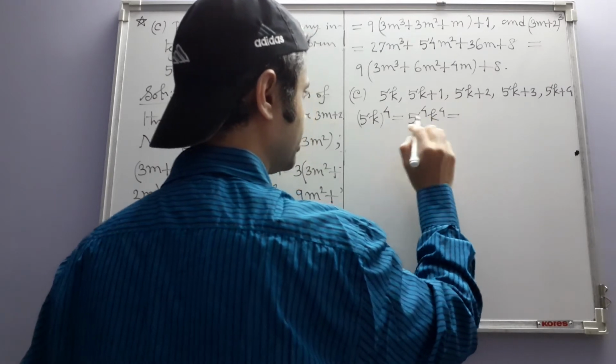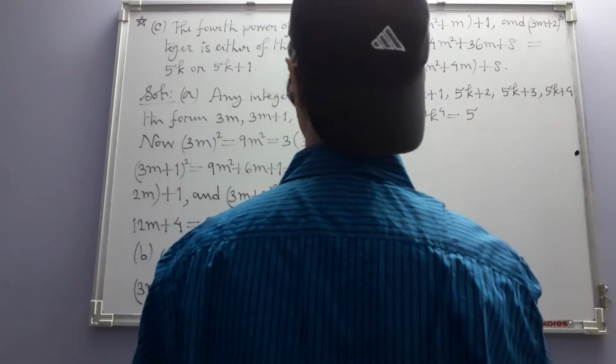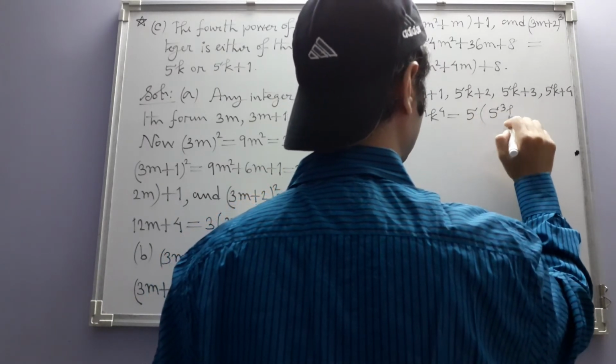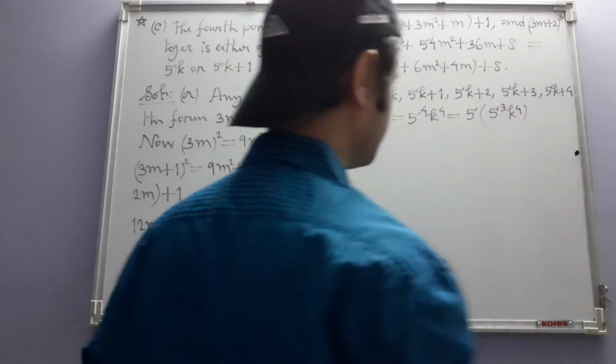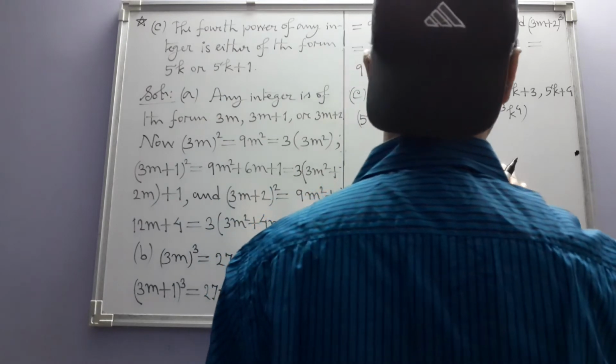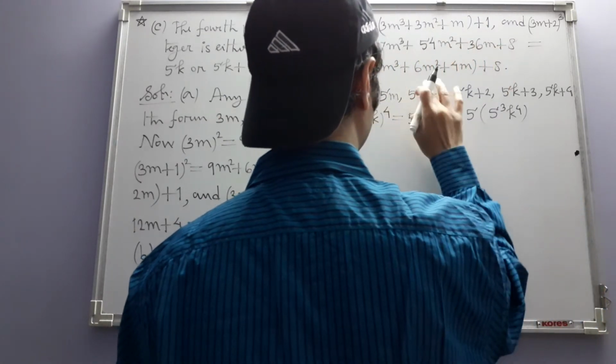Obviously there is no point actually calculating 5 to the power 4. So it's of the form 5k, where we have taken k. Let us take m.